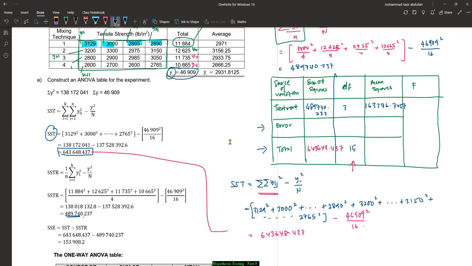Right? So dekat sini dia tak ada mean square total, tak ada. Remember that. So we only have mean square error and mean square treatment. So for error dekat sini, just tolak lah. Total tolak dengan treatment. So you akan dapat error.